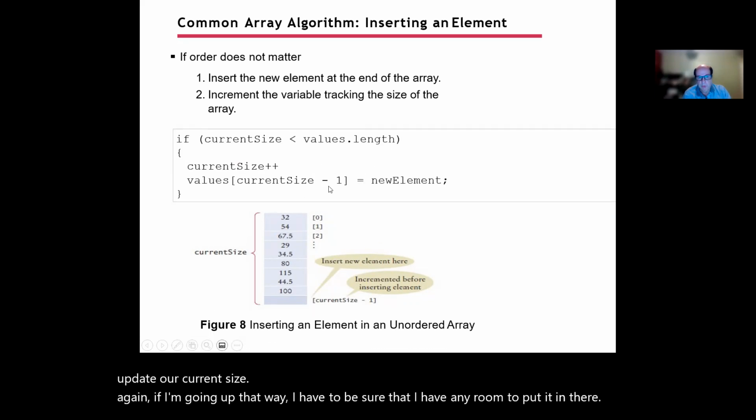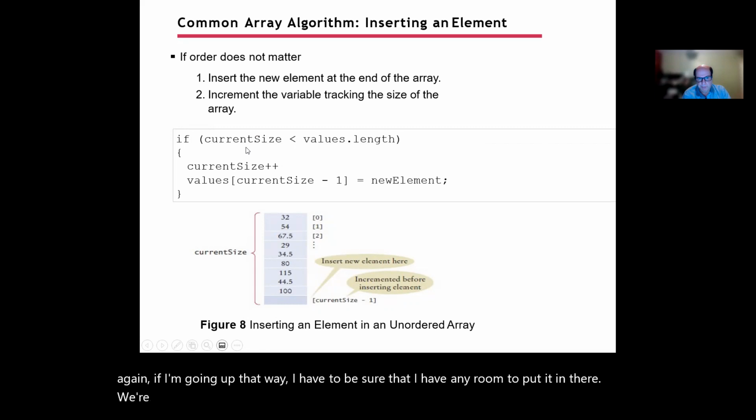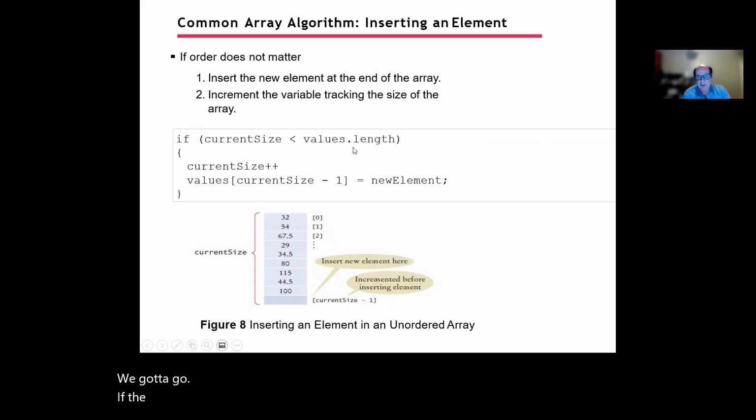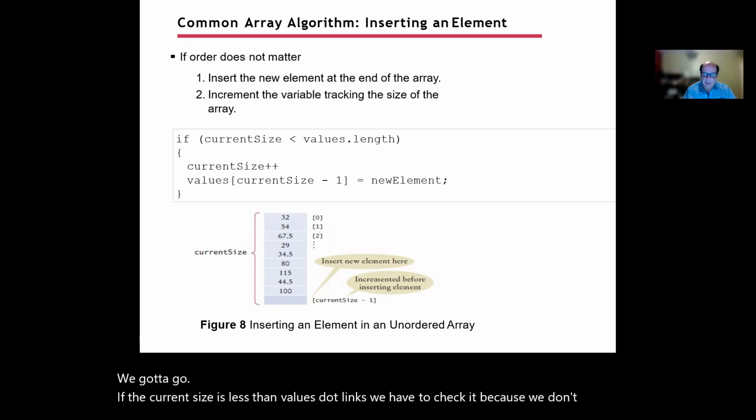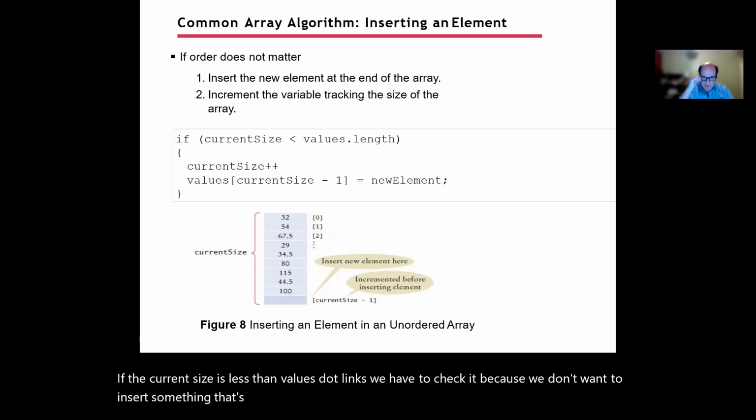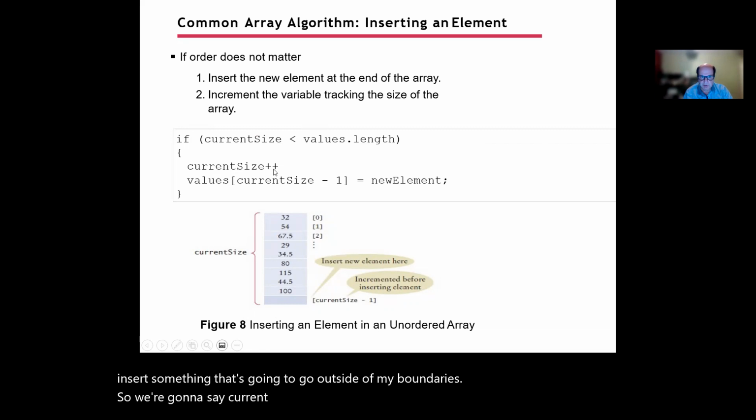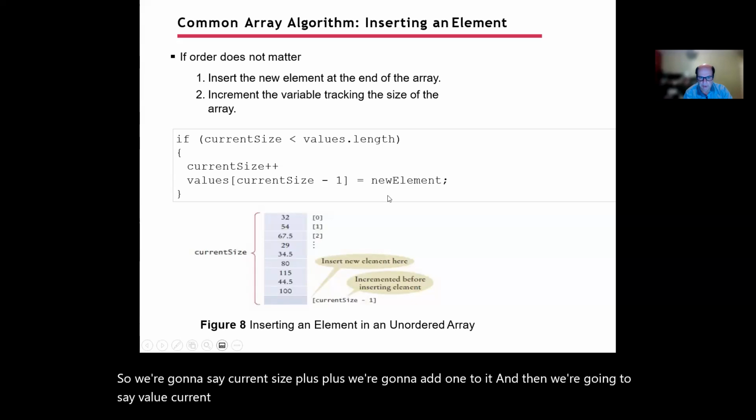So we check if the current size is less than values.length, because we don't want to insert something that's going to go outside of my boundaries. Then we're going to add 1 to the current size, and put the value in values current size -1, the last element. We're updating our current size.